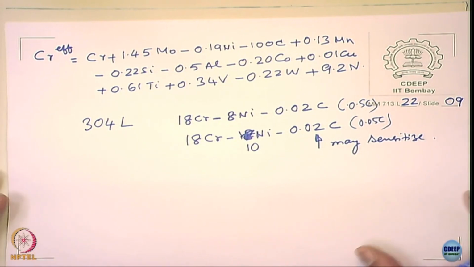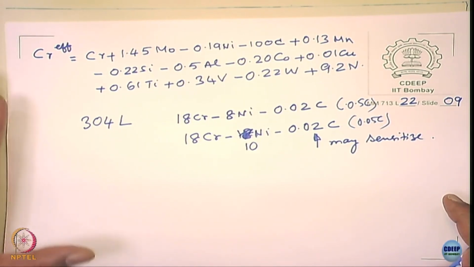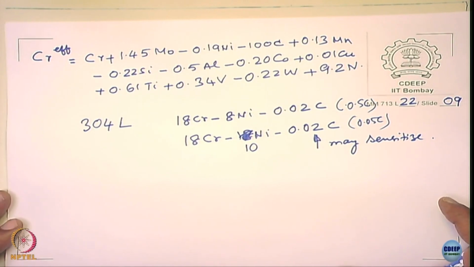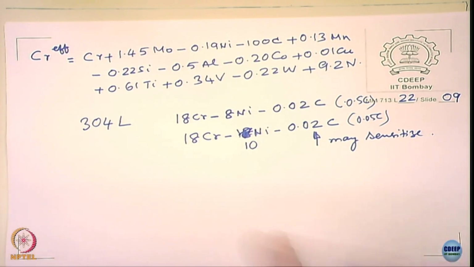So, going into more details about sensitization, it is also important to understand the associated chemistry of the alloying elements that will affect intergranular corrosion when you give a heat treatment.